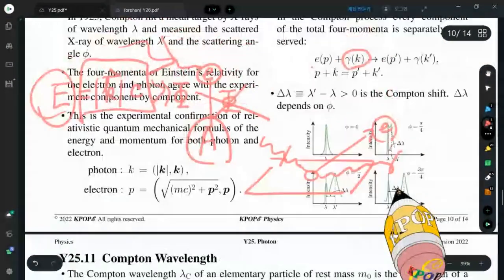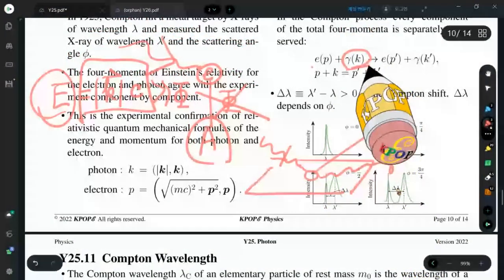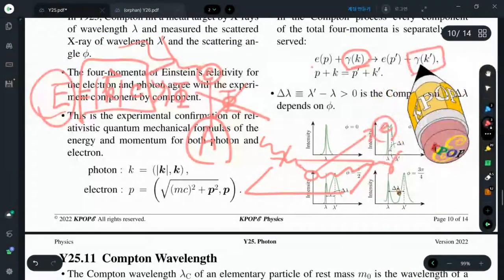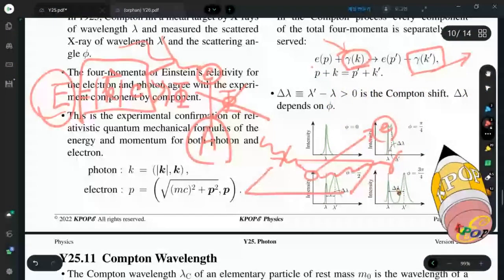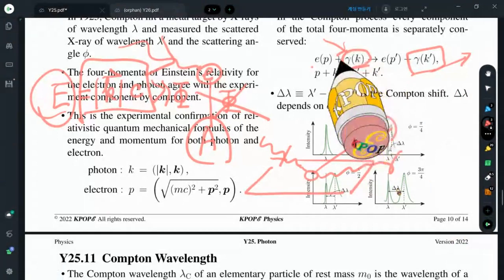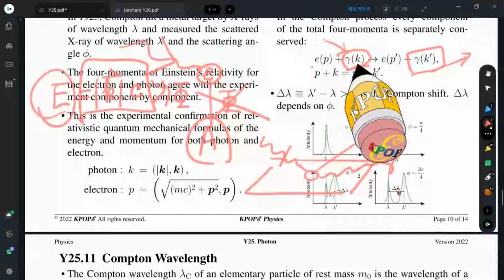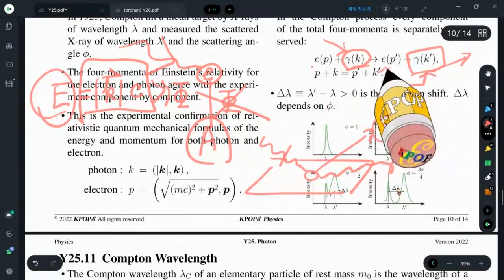And you can see this photon and this photon. This is the incident photon, and this is the scattered photon. The energy of this incident photon is shared by these two particles.